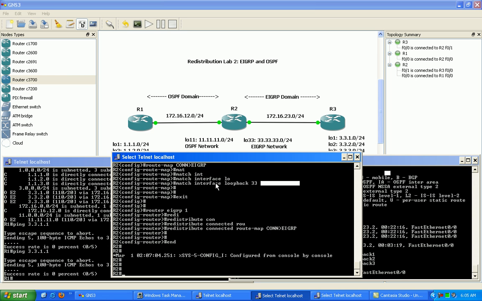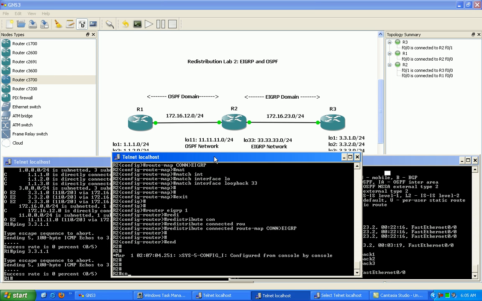But what I wanted to do in this lab really is show you how redistribution works from EIGRP and OSPF, and also show you a very important concept within all redistribution. Again, this applies to redistributing from any protocol into any other protocol. These rules are pretty much the foundation of what happens.